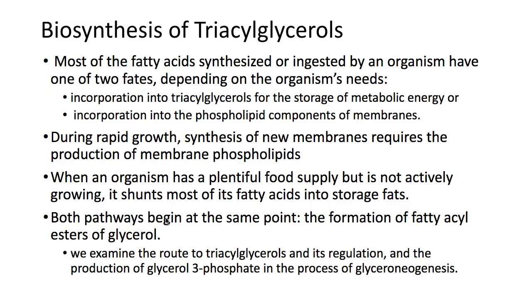With these pathways, when we examine them, you will see that the production of glycerol 3-phosphate is one of the essential intermediate compounds required for making both triacylglycerol and phospholipids.